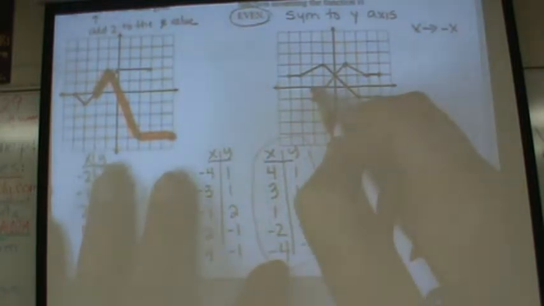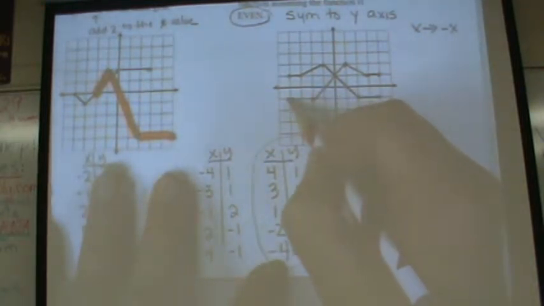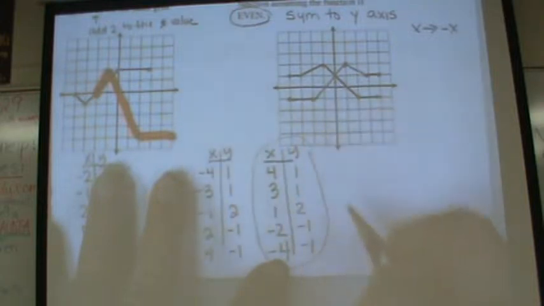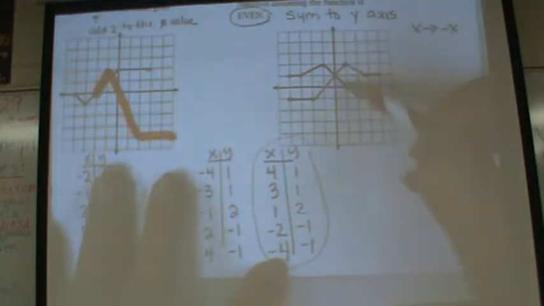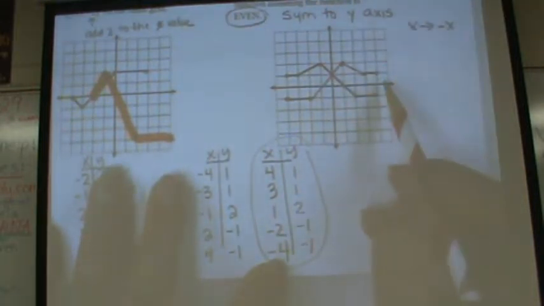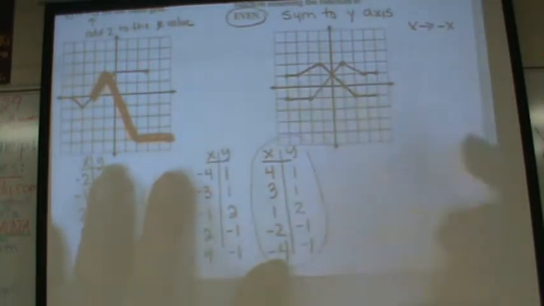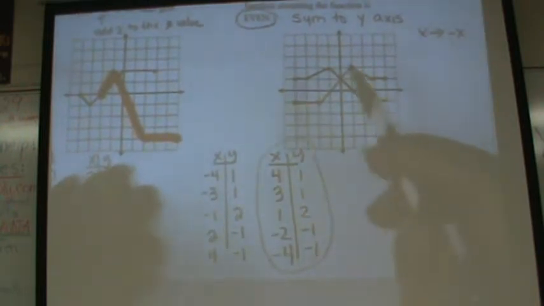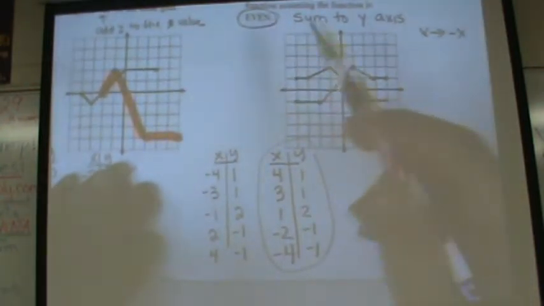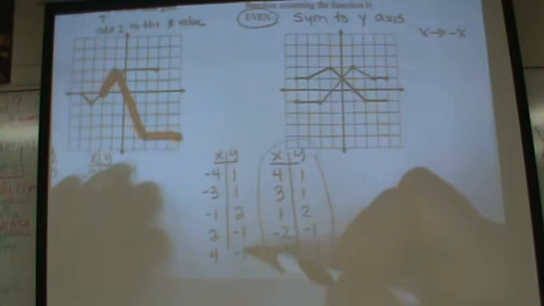And then negative 4, negative 1. Now if you were to fold this over the y-axis, you can check to see that the left and the right side would match. If I asked you to make this an odd function, you would take all of these ordered pairs and switch both of their signs.